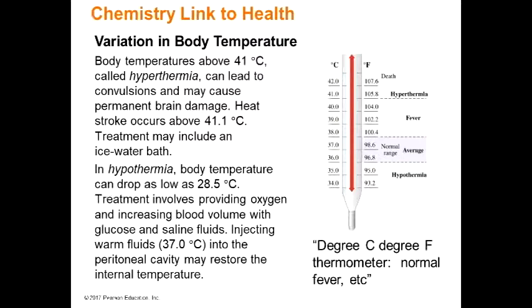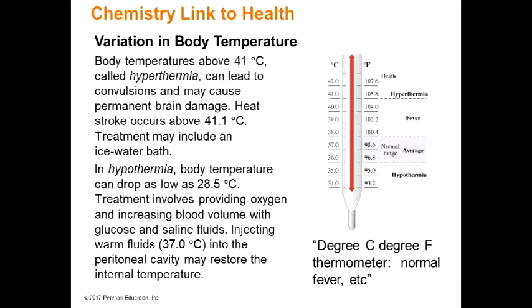Good question. So body temperature above 41 is called hyper. Typically hyper is going to be above, hypo is going to be below. Hyper, heat or temperature. Hypo, heat or temperature. You'll want to know these terms. Ice bath is what we're talking about. It's the flow.